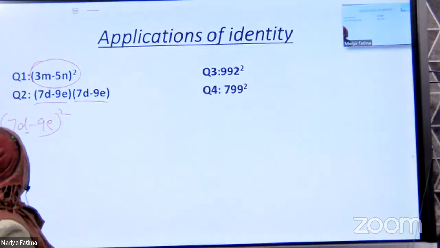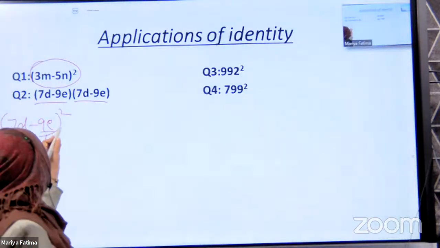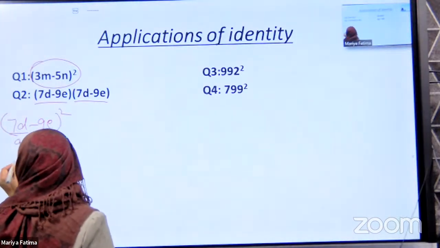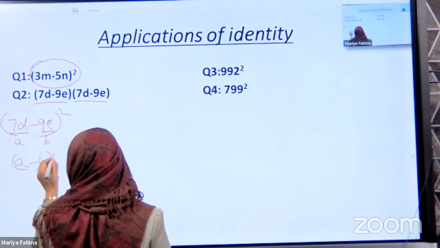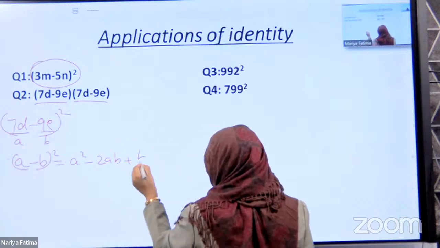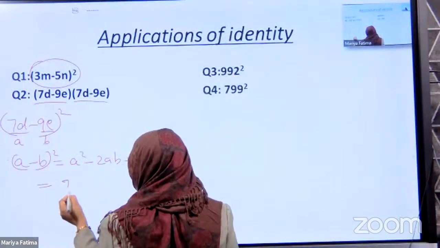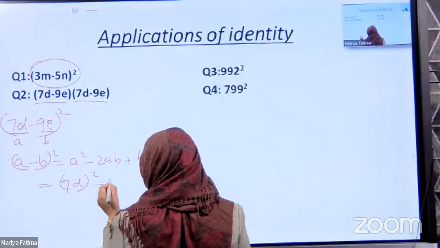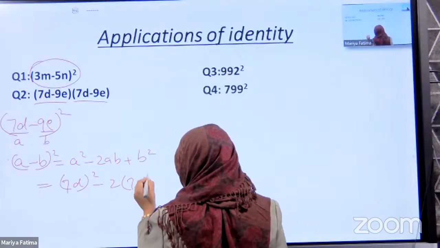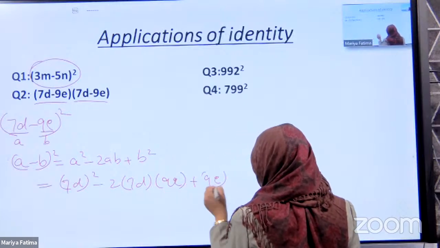So here A is 7d and B is 9e. Okay. Now since we know that A minus B whole square is equal to A square minus 2AB plus B square, this will be equal to A square, meaning 7d whole square, minus 2 into 7d into 9e, plus 9e whole square.